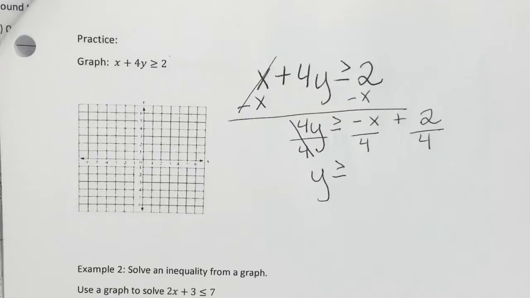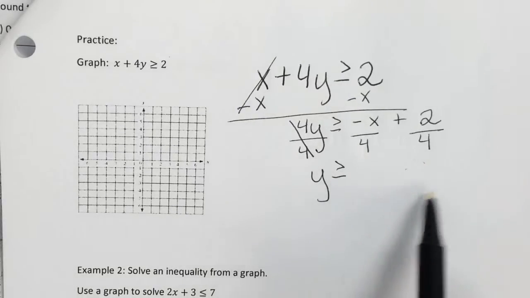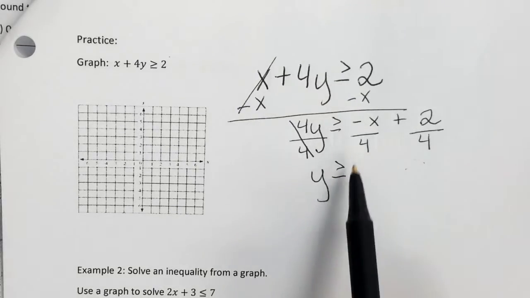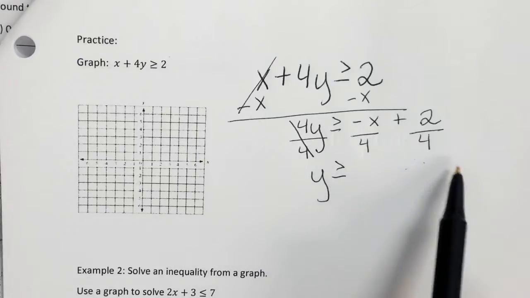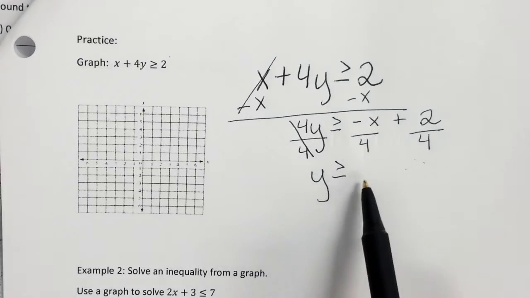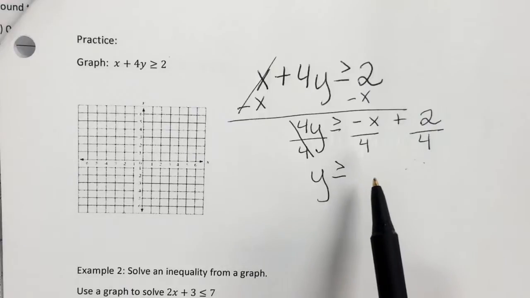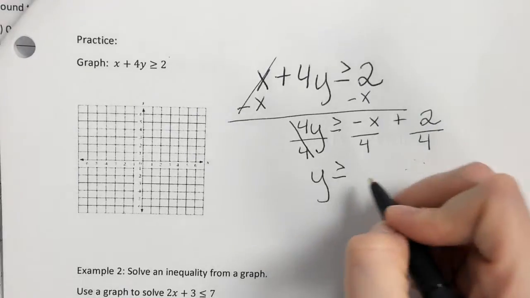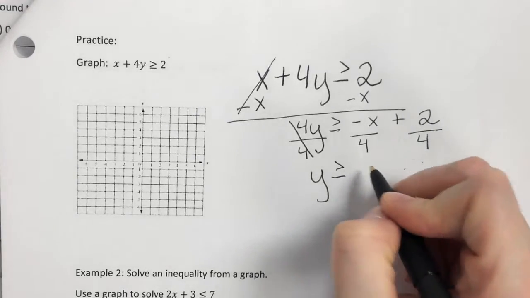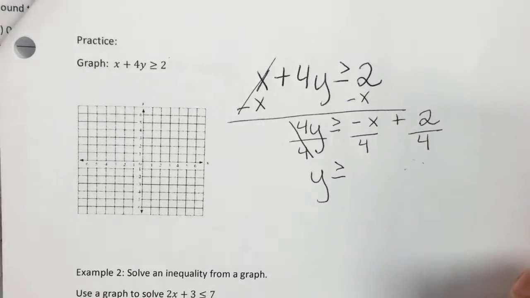Who can tell me what you're going to get on the right side of this inequality? If you need a second to finish, that's okay. I don't want decimals. Jack? It's going to be 1/2 minus x over 4.